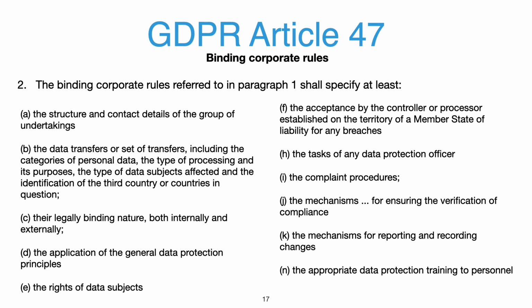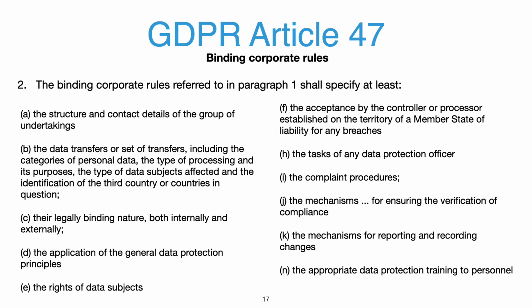And the following section, paragraph 2, is quite specific on what needs to be included in that. So we can see in this the documentation that's required. And we can see that it recreates in miniature many of the obligations that controllers and processors within the EU would have under the GDPR.